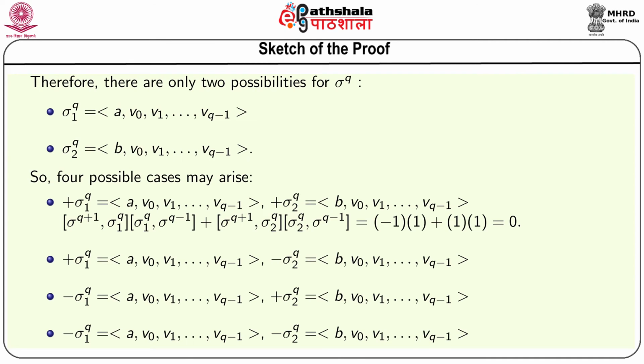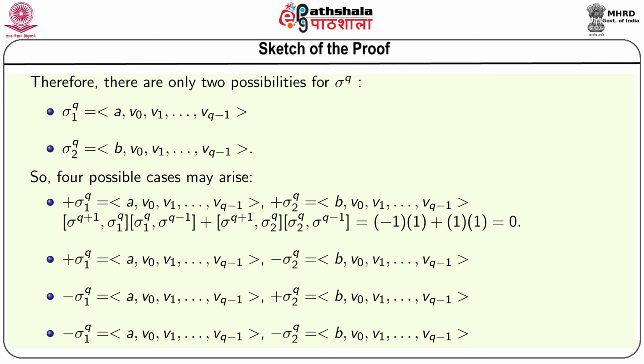The second case is when sigma q1 is positively oriented, sigma q2 is negatively oriented. If we do the same calculation, we will get back the value as 0. In case 3, sigma q1 is negatively oriented and sigma q2 is positively oriented; computing the values of the incidence numbers, we can see that the sum of the products will be equal to 0.